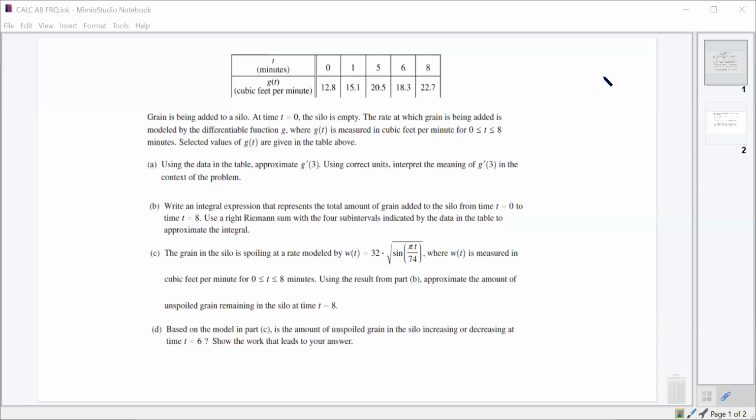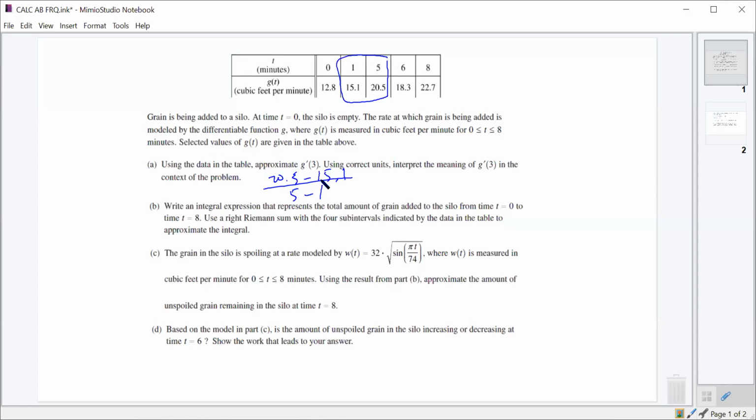Again, this one we had grain in a silo, and it was a terrible silo because the grain spoiled so quickly. I remember all that now. So we want to approximate g prime of 3. To approximate g prime of 3, we just find the average rate of change between 1 and 5, because that surrounds 3.